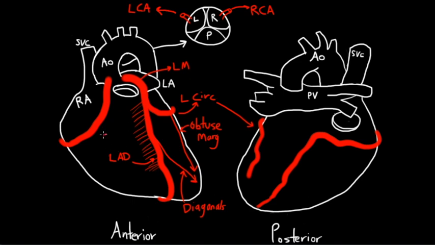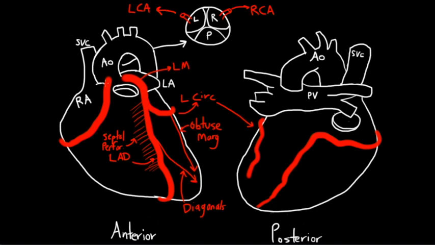So let's just write septal perforators. And one learning point I remember being taught is that if you're looking at an angiogram, the best way to identify the LAD is to find the big vessel that has these little septal perforators that are easily identified. Just one little tip.